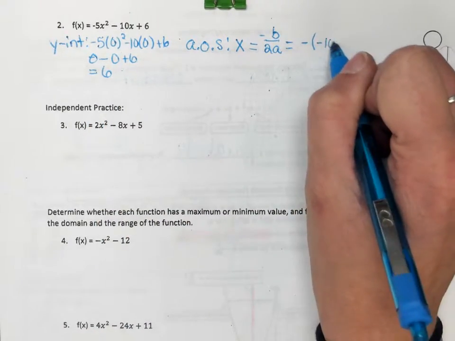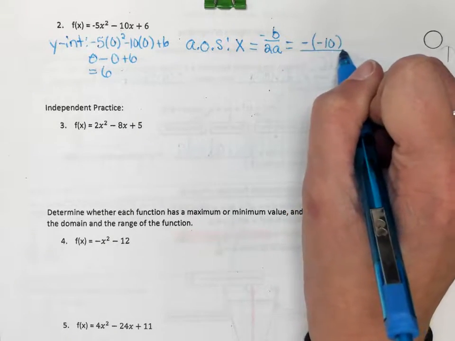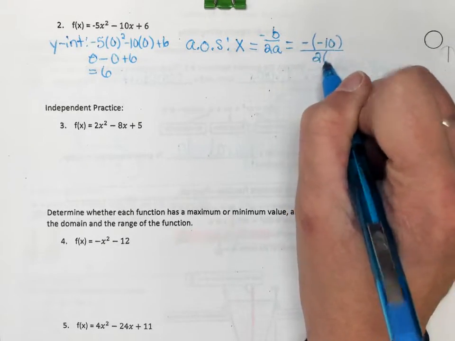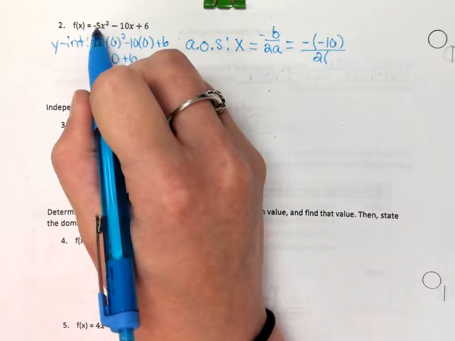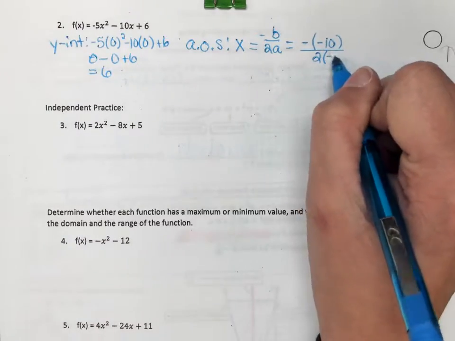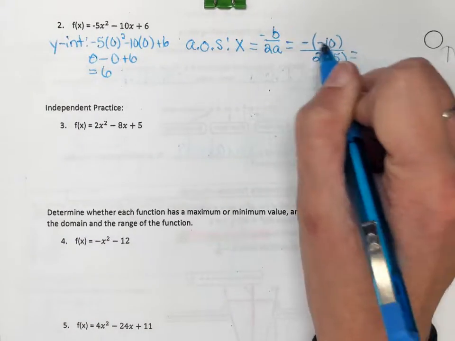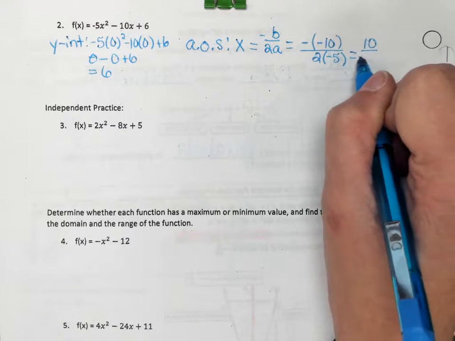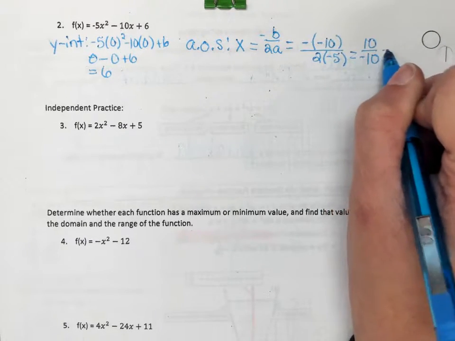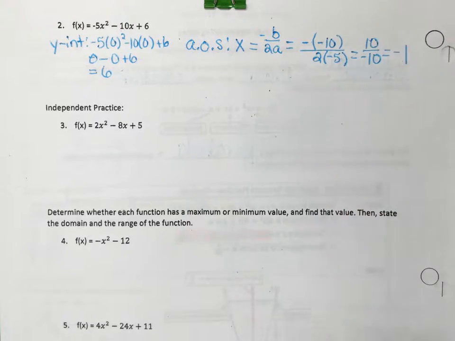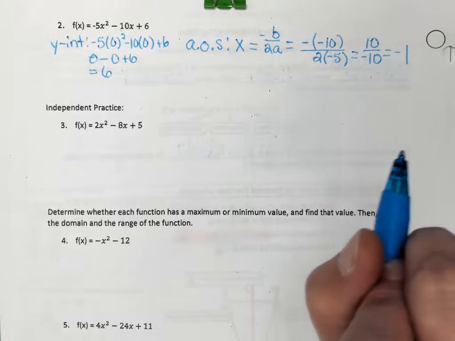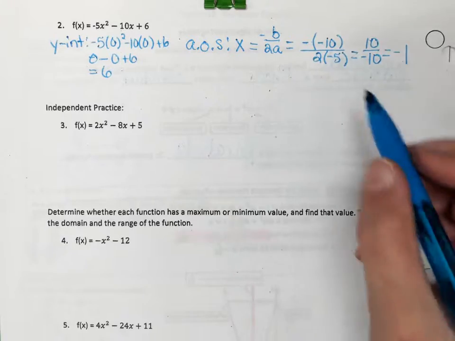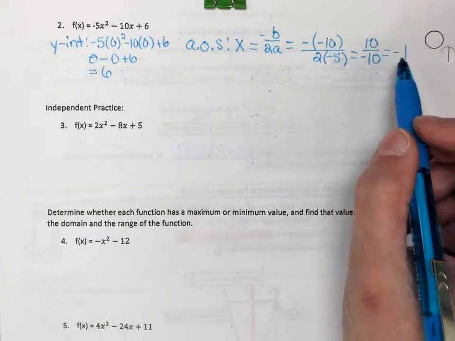So it's -10. And then 2 times a is 2 times your first number. What's your first number? -5. There you go. So -10 is +10. 2 times -5 is -10. So your axis of symmetry is a vertical line at x equals -1.